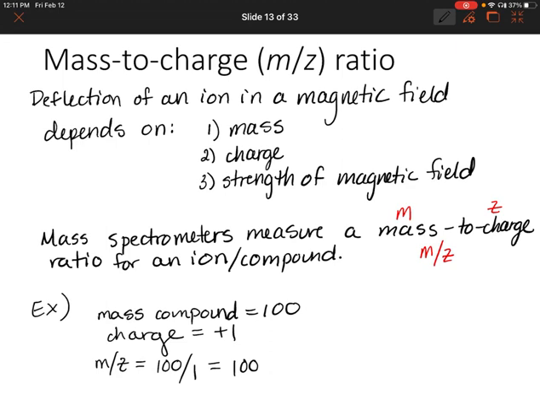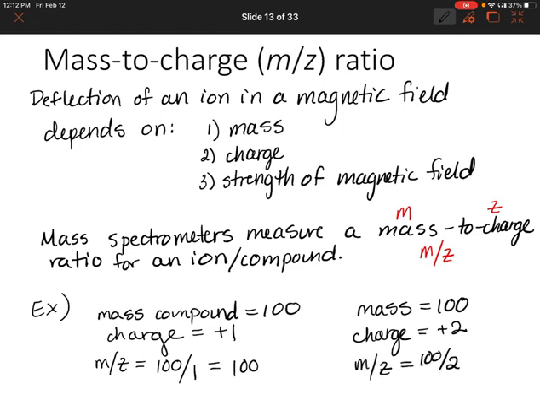Or let's say that the mass is 100 and maybe the charge ends up as +2, then the mass to charge ratio will be 100 over 2, or 50. Now, for our purposes, we're just going to assume that the charge is +1 for each of our ions. It will make things a little bit simpler.